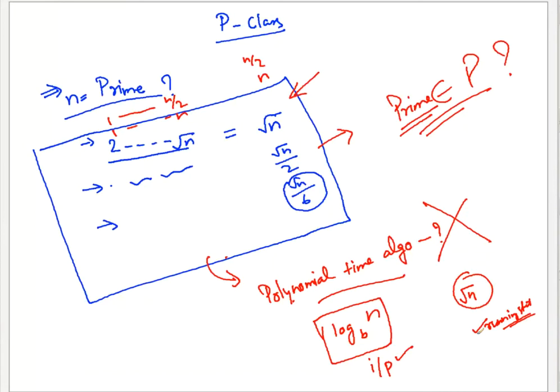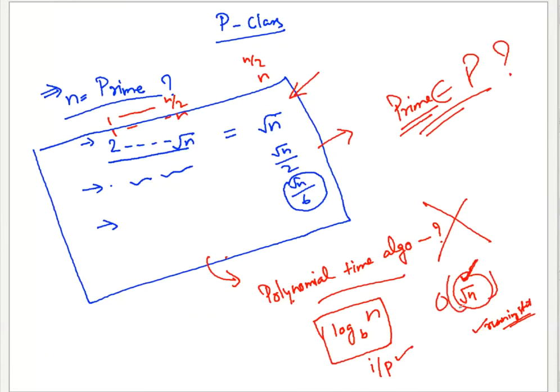Is it clear to everyone? We always talk about how much time your Turing machine is going to take. You are saying your Turing machine is going to take root n time, root n steps. But what is the input size on the Turing machine?